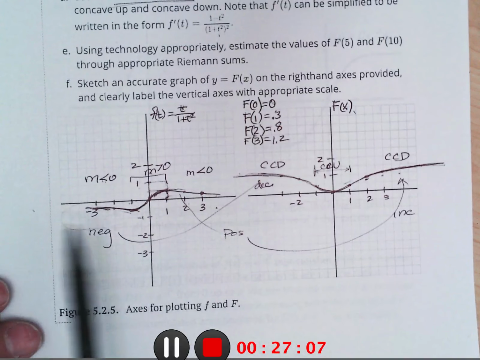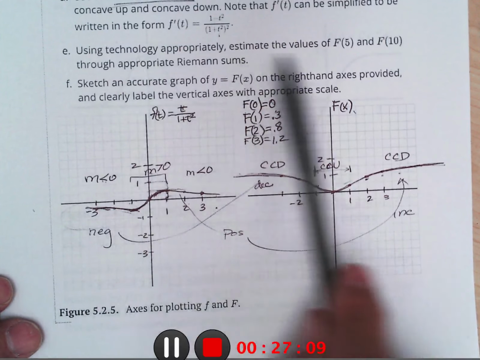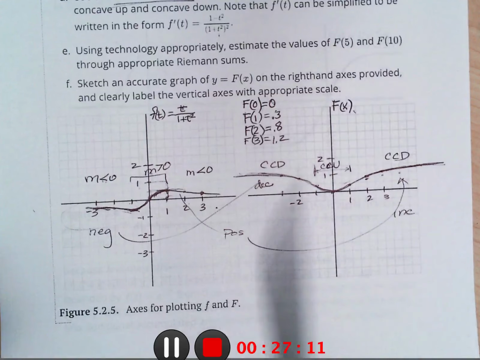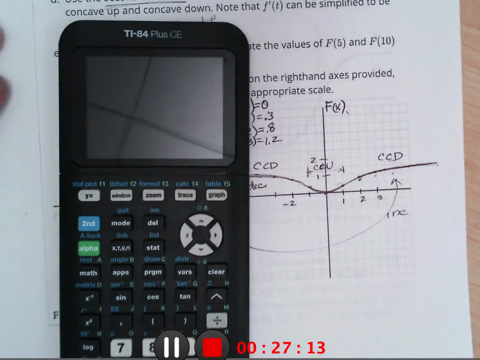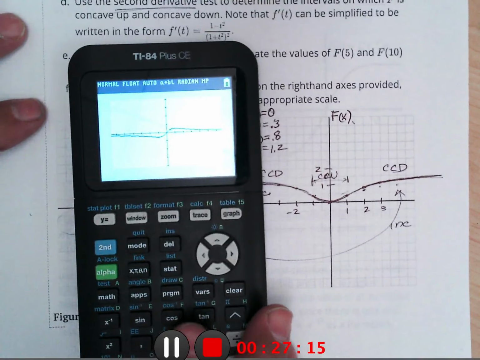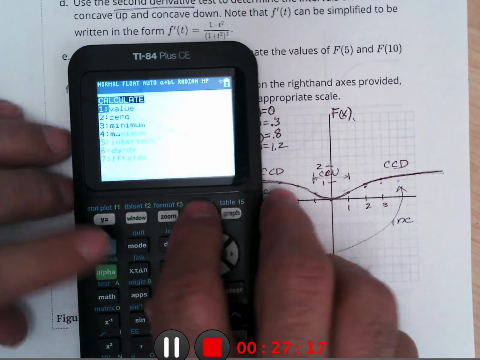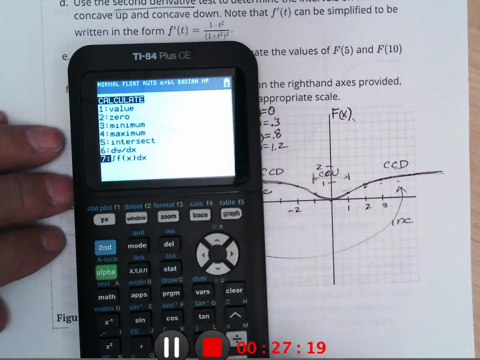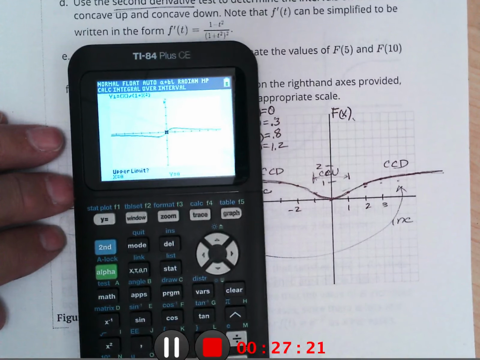And then it says use technology to find F of 5 and F of 10. So you would use this and go second calculate the area from 0 to 5, and it says that is 1.62.